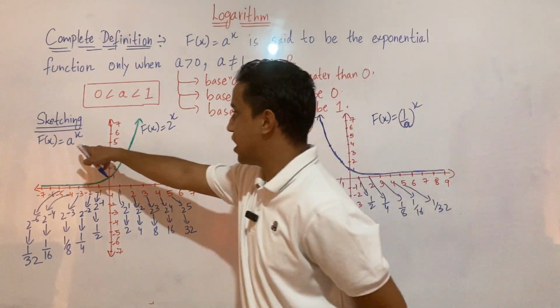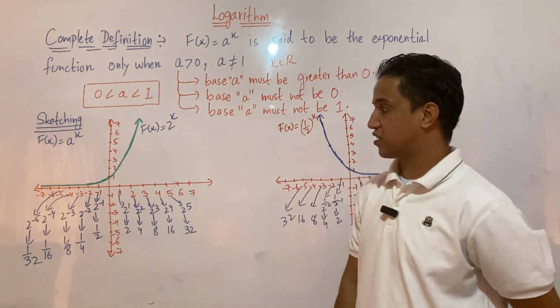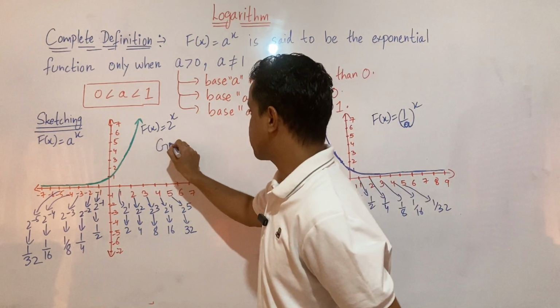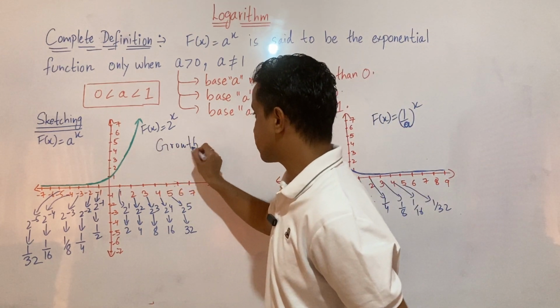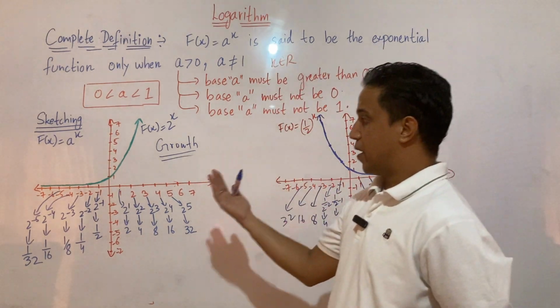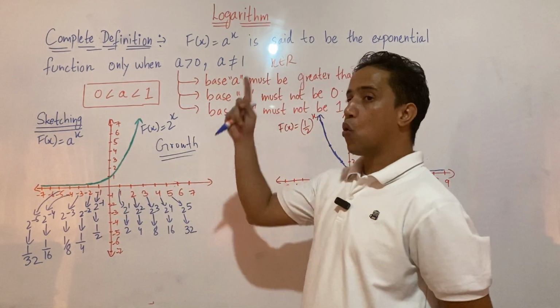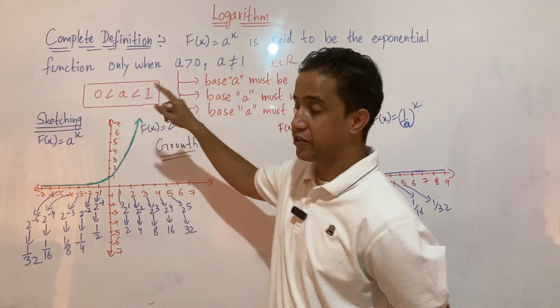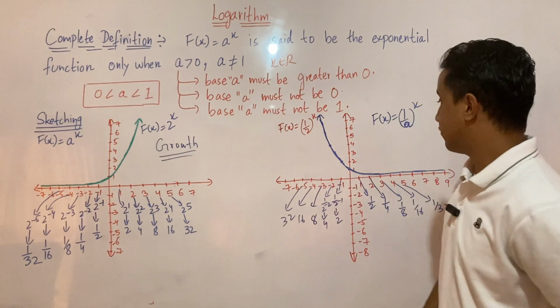It means that a raised to the exponent x shows growth. Okay, because as x increases, y increases exponentially, right? So this is the graph of growth.